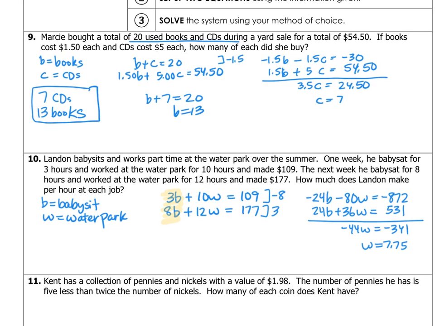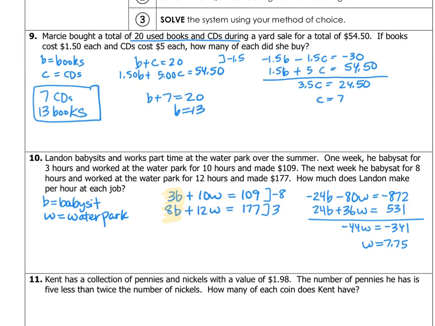So then I got to plug it back into one of these, so it doesn't really matter. I'm going to do the one with the smaller numbers, 3b plus 10 times 7.75 equals 109. And try to solve this to find out, let's see, subtract that. That's 31.50.